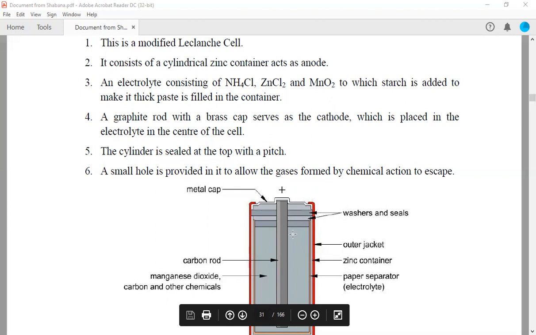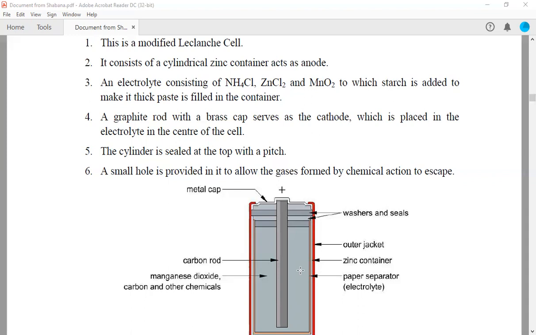And the electrolyte consists of ammonium chloride, zinc chloride, and manganese dioxide, to which starch is added to make it a thick paste, and it is filled in the container to prevent leakage.